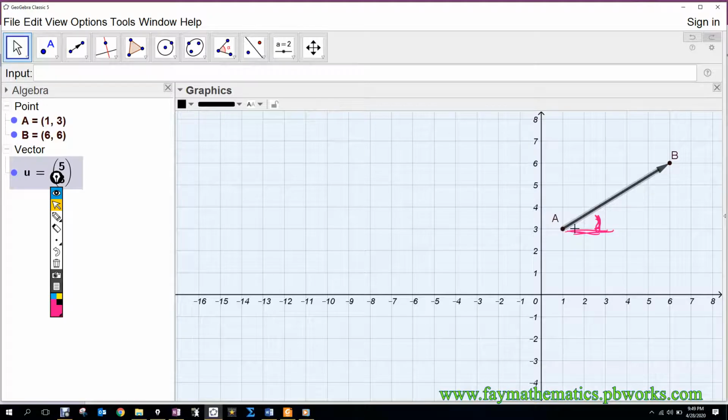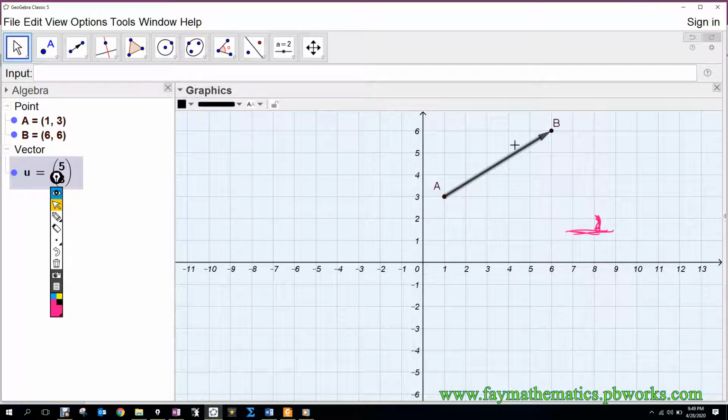You see it's the same angle, okay? The length is the same, and that's really what makes two vectors equivalent, if the direction and their lengths are the same.